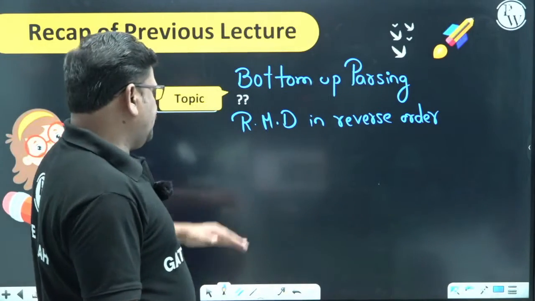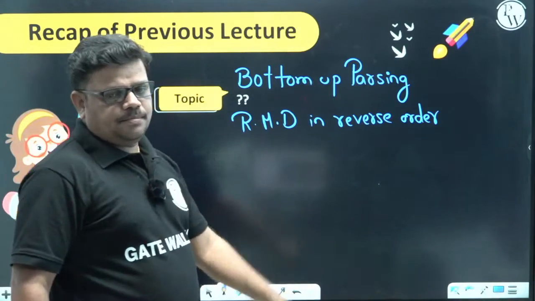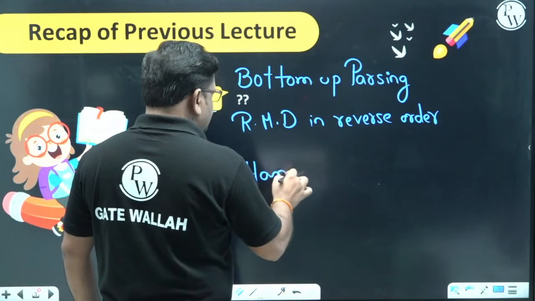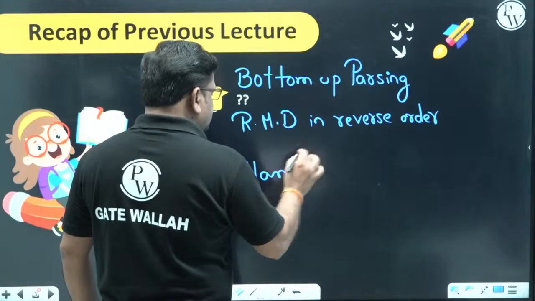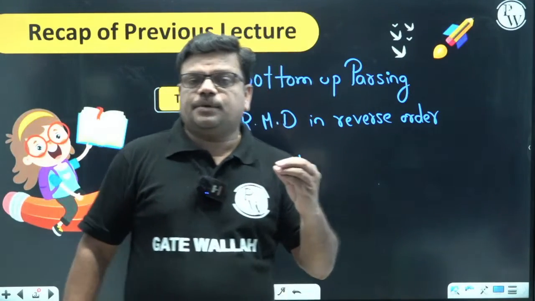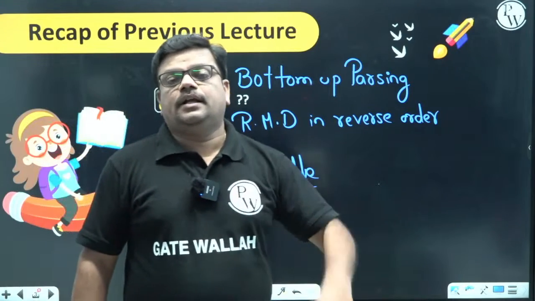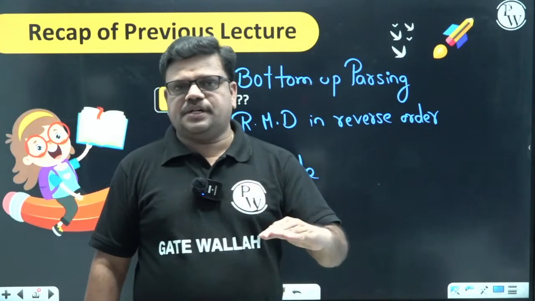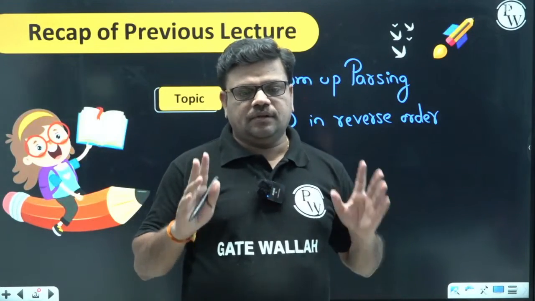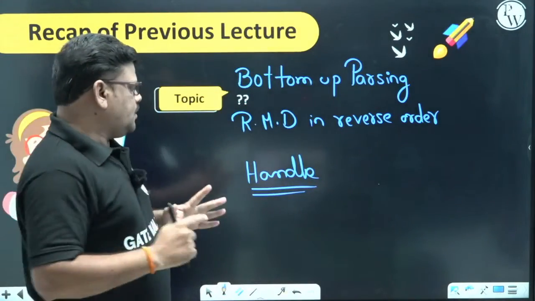And while doing this bottom up parsing concept, we come across a terminology called handle. The main concept of bottom up parsing is detection of handle. At every step, handle is detected, handle is replaced by non-terminal. Handle concept is the major concept in our bottom up parsing.